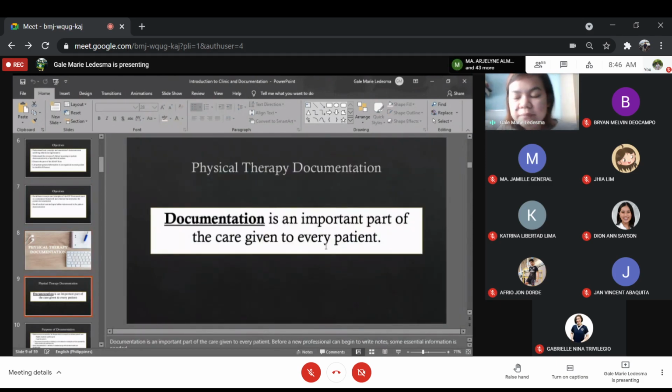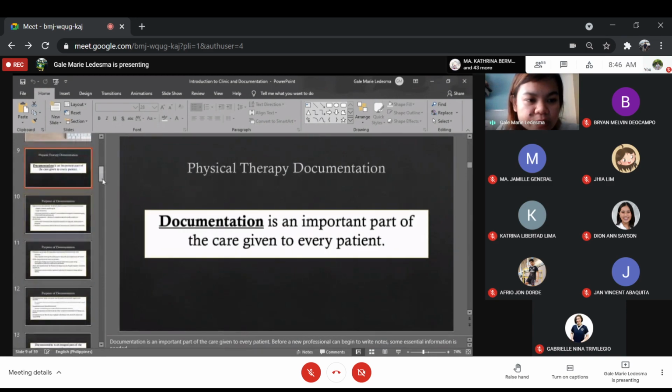Documentation is an important part of the care given to every patient. Why do you think so? Why do you think that is one of the important parts of patient care?